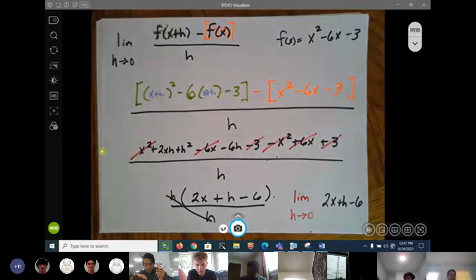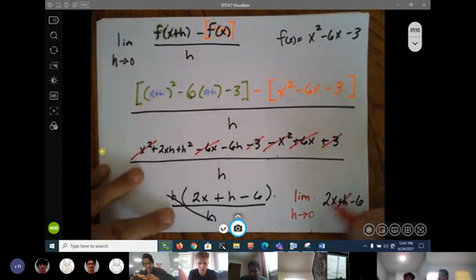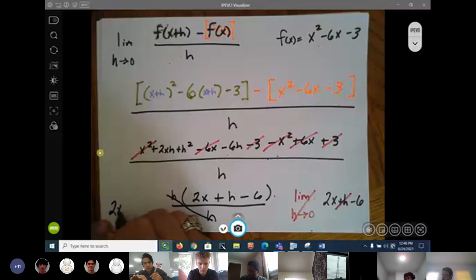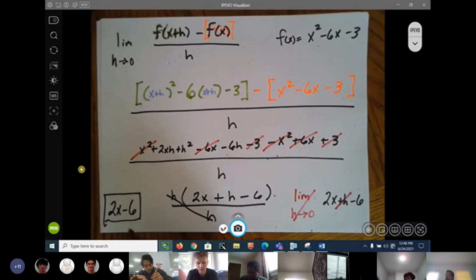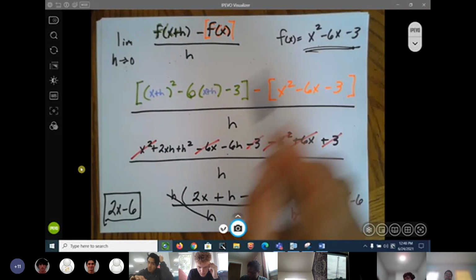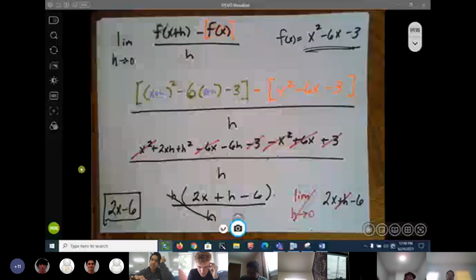And what does the 0 do to the h term? So your final answer is 2x minus 6. And what is the derivative of x squared minus 6x minus 3? 2x minus 6. There you go.